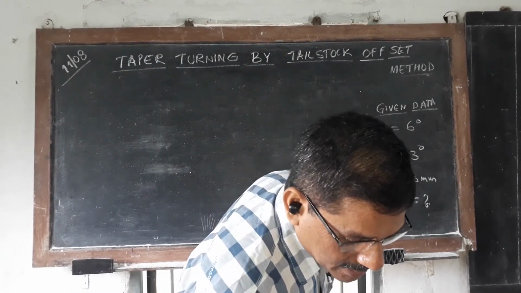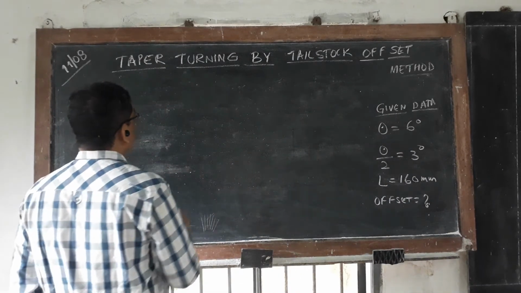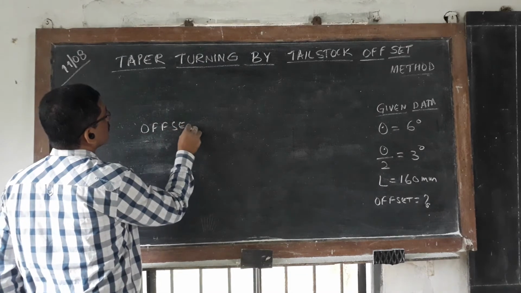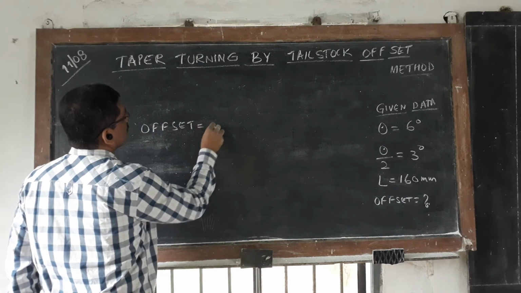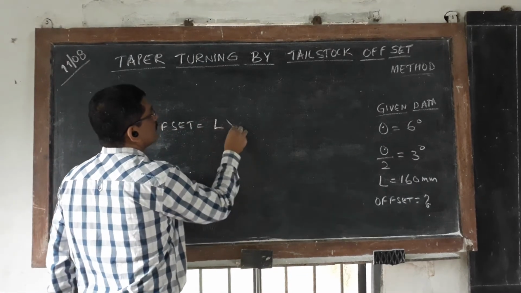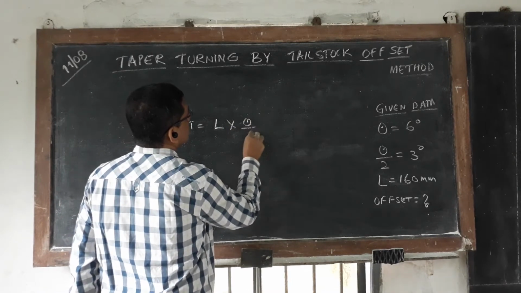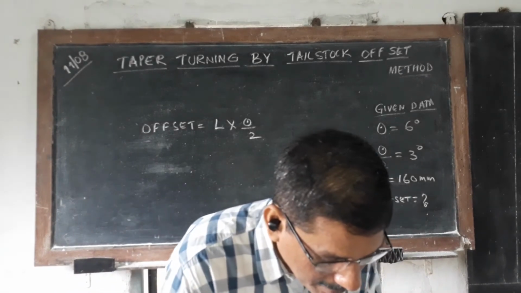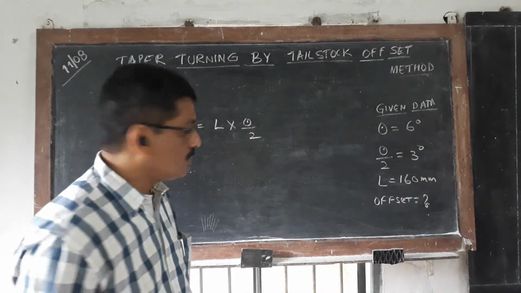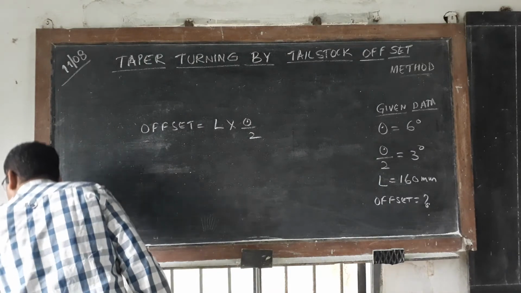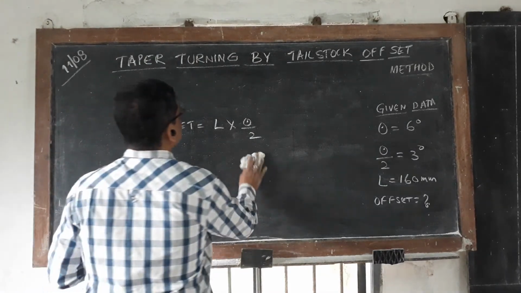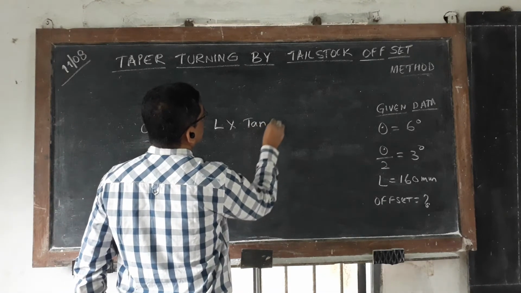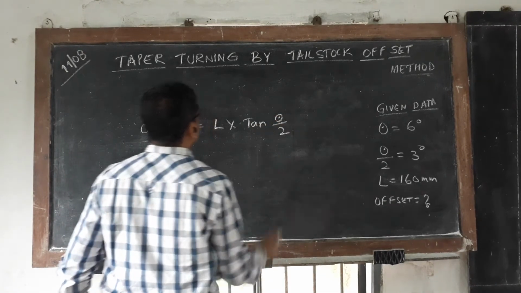Offset is equal to length into tan theta by 2.